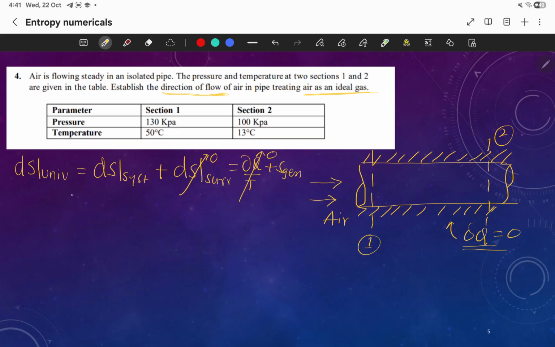So what we will get here, we will get only change in entropy of the system, and system is what? The change in entropy of air. This will be equals to S generation, right?